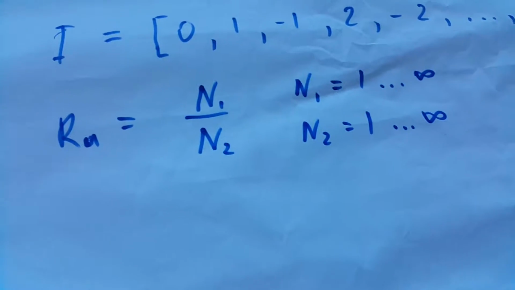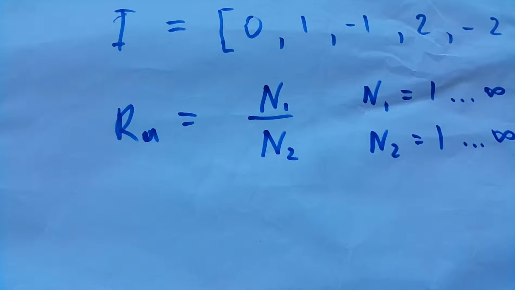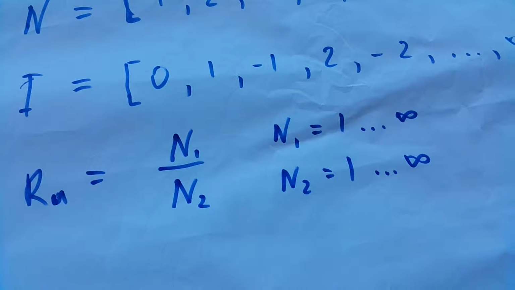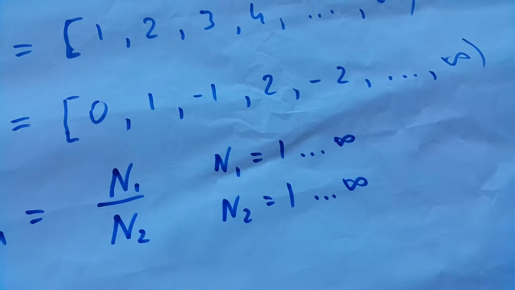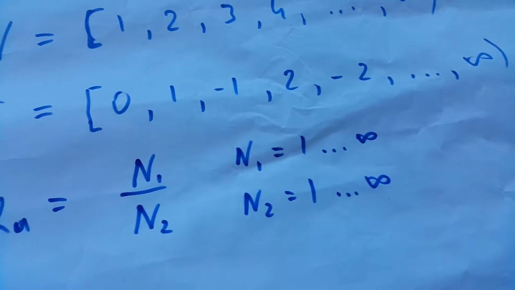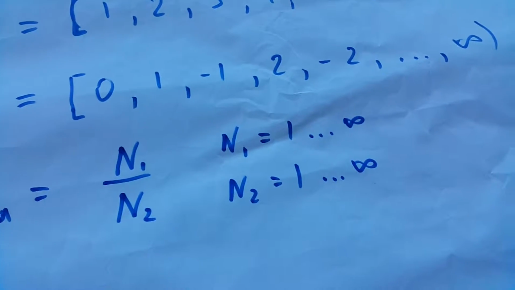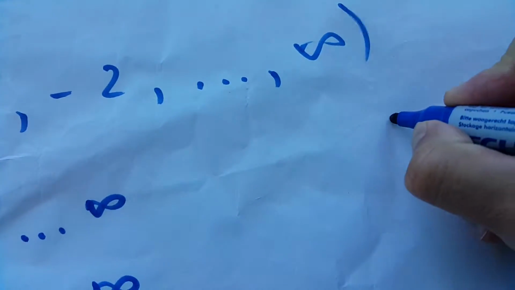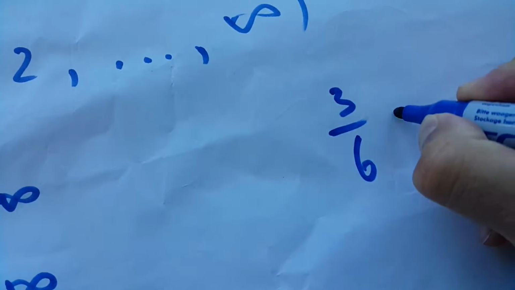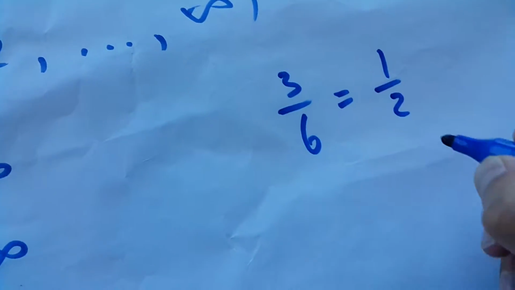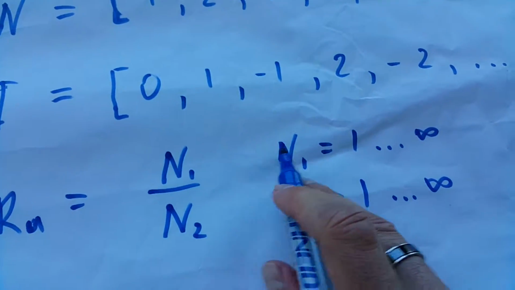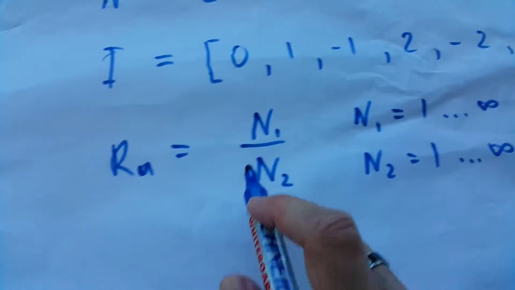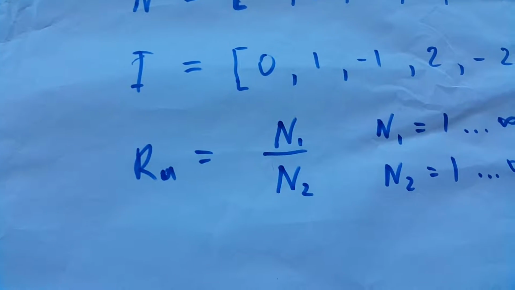I'm excluding negative numbers because it's exactly like with integers, and I'm excluding, just like Numberphile excluded, the co-prime requirement, meaning that 3 divided by 6 is the same as 1 divided by 2, so only one of them should be included. But if we go with all n1 values and all n2 values, we basically get all possible rational number values.